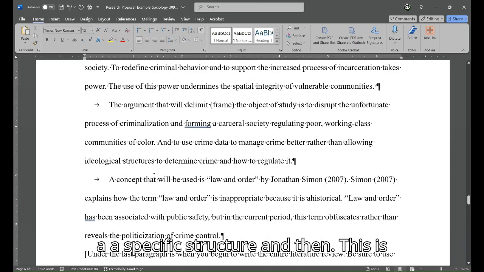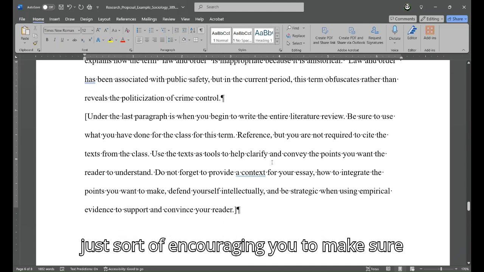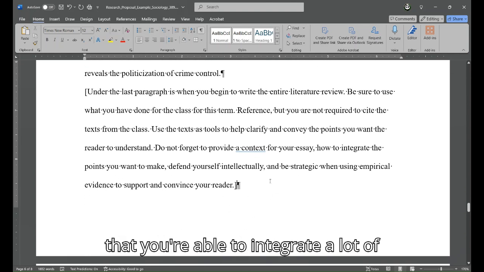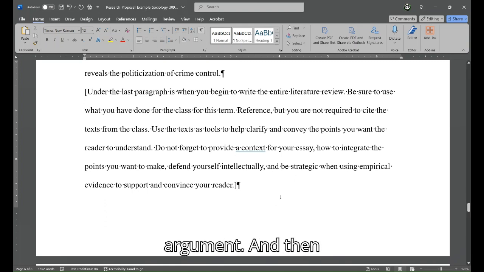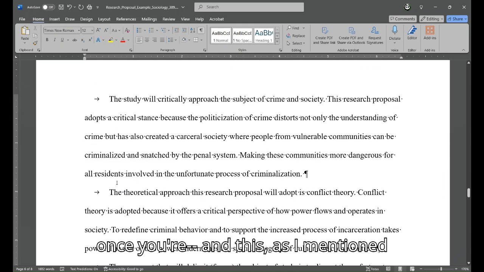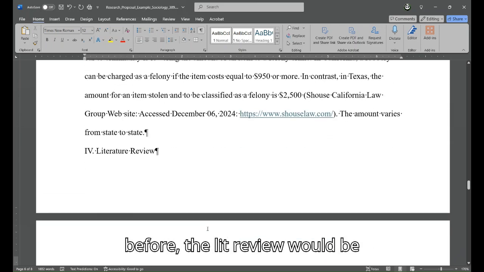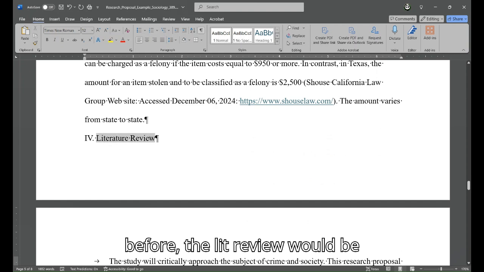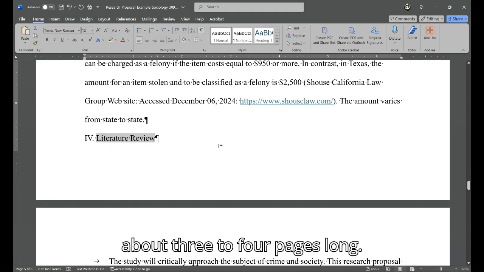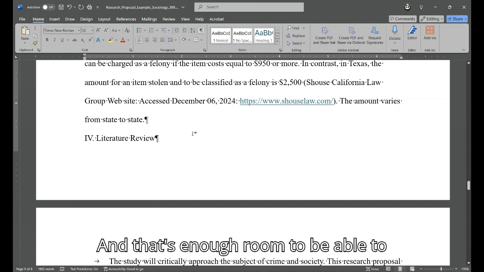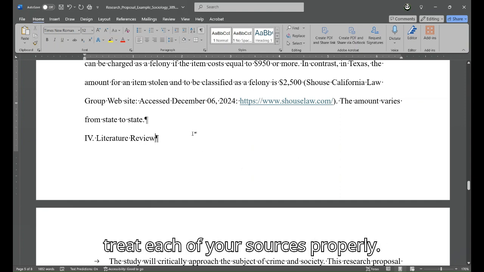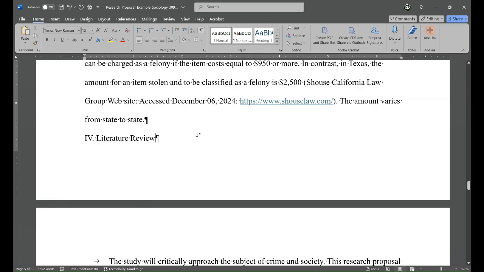And then this is just sort of encouraging you to make sure that you're able to integrate a lot of these points into a well integrated argument. And as I mentioned before, the lit review would be about 3 to 4 pages long. And that's enough room to be able to treat each of your sources properly.